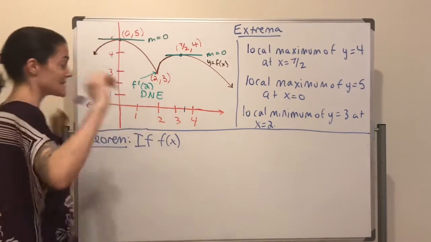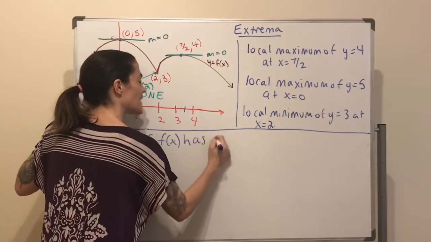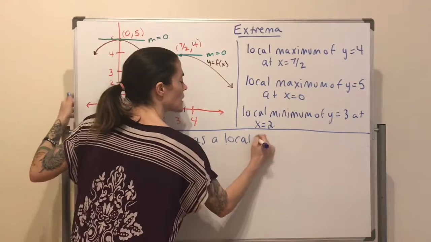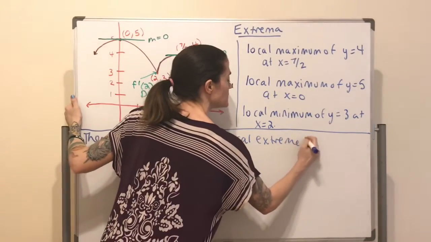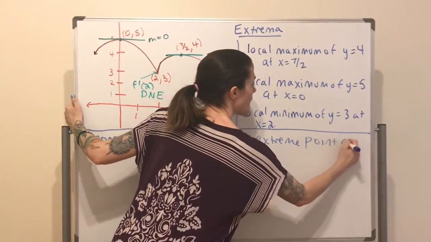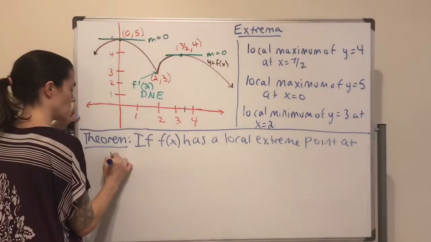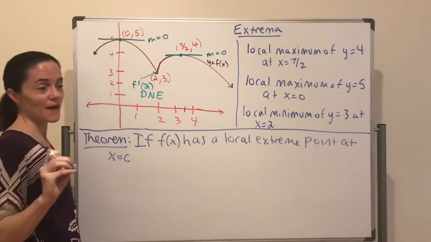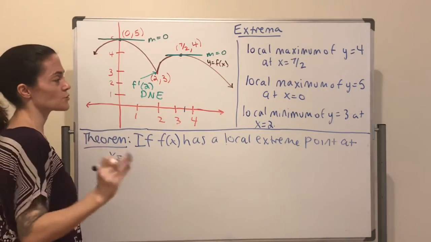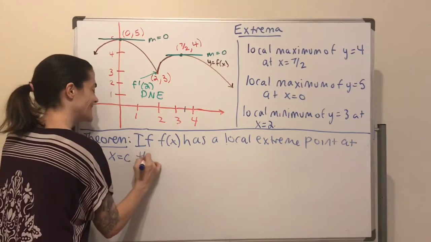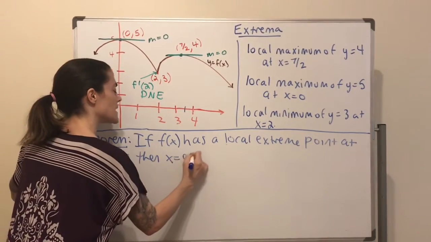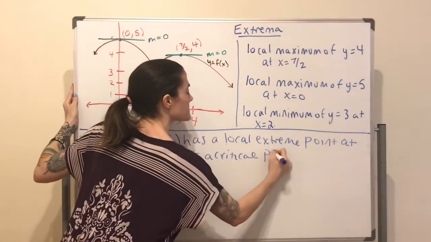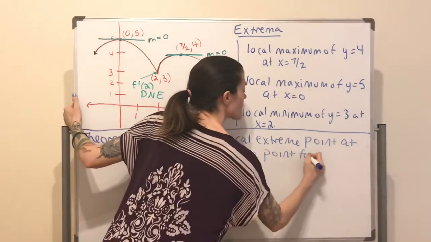If f of x has a local extreme point at x equals c, so at some specific x value, then x equals c is a critical point for the function.